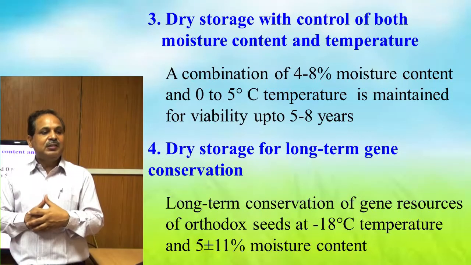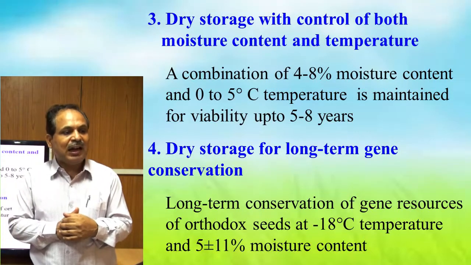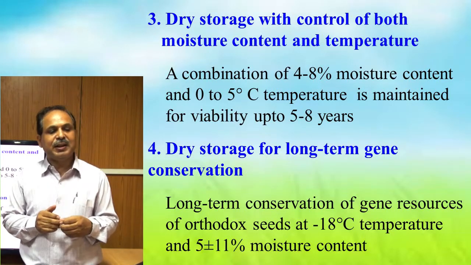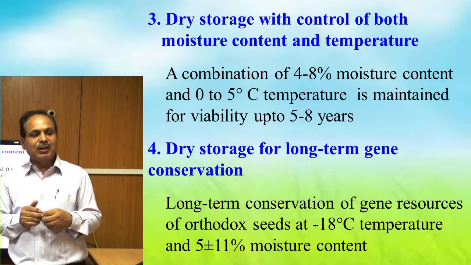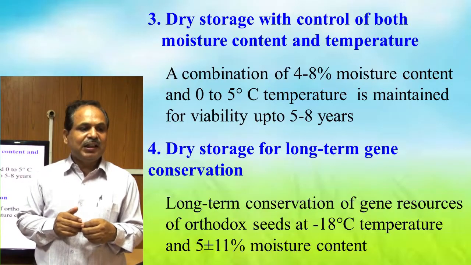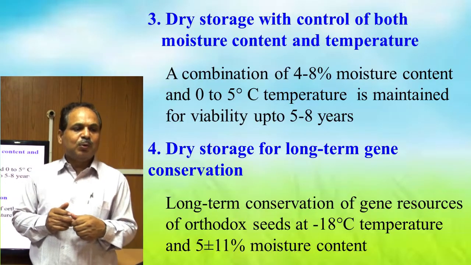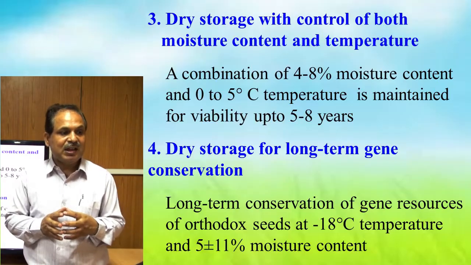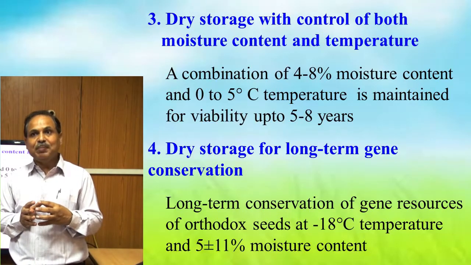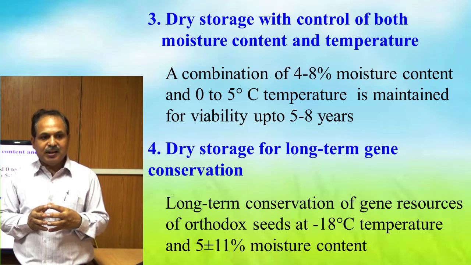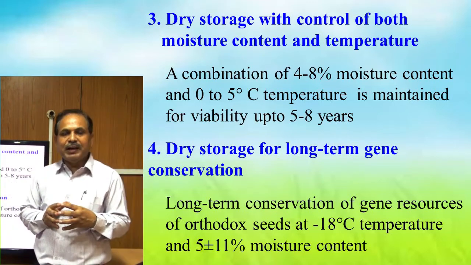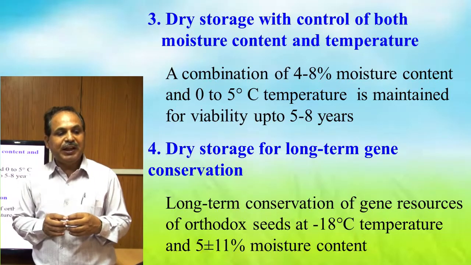Next is dry storage with control of both moisture content and temperature. In this type of storage, the seeds are stored under controlled moisture content and temperature. A combination of 4 to 8% moisture content and 0 to 5 degrees centigrade temperature is maintained for viability up to 5 to 8 years.